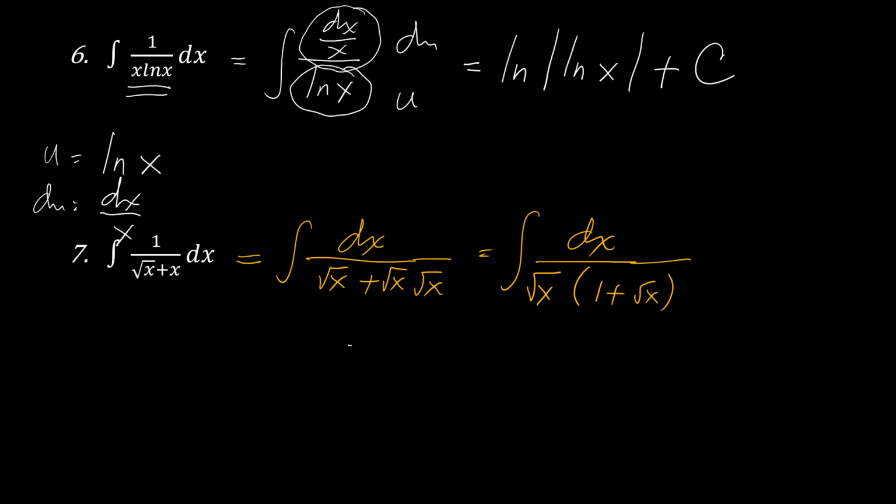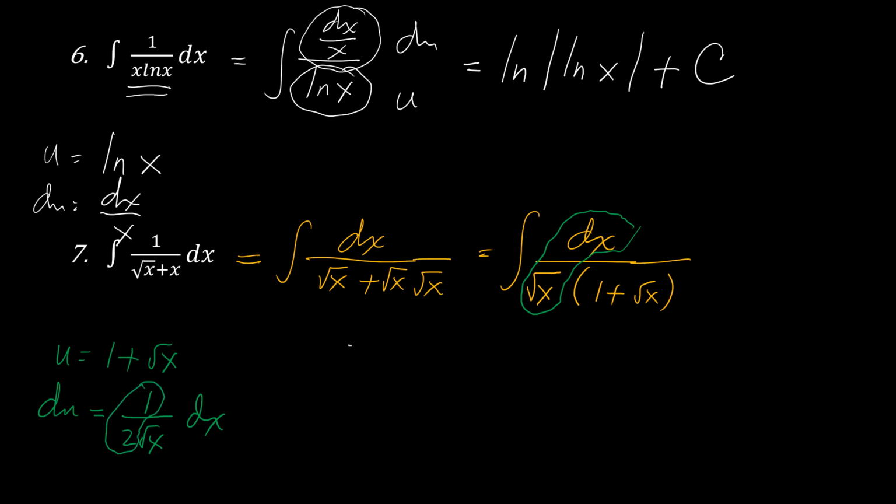Take note now that if we use 1 plus square root of x, we will be getting the differential 1 over 2 square root of x dx. Alright? And we have the expression dx over square root of x. It only lacks the constant 1/2.